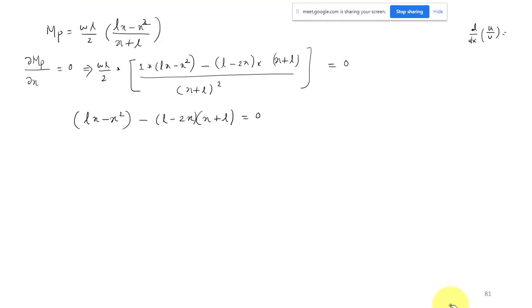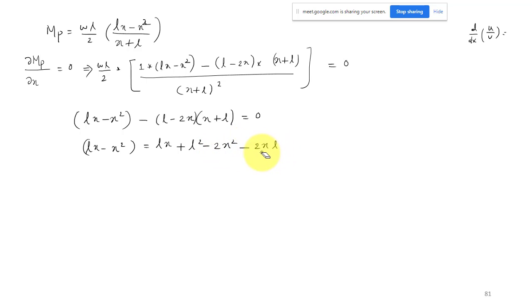So from here you have to simplify it further. So this is Lx minus x square, which is equal to this quantity. So L into x, that is Lx plus L square minus 2x square minus 2xL.